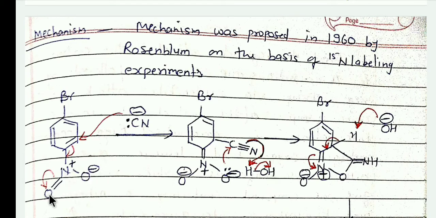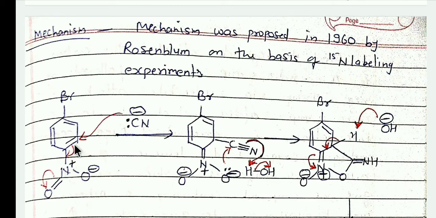Due to the higher electronegativity of oxygen than nitrogen, the bonding electrons are displaced to this oxygen atom. This nitrogen gets positively charged and this oxygen negatively charged, and the positively charged nitrogen pulls electrons from the benzene ring.